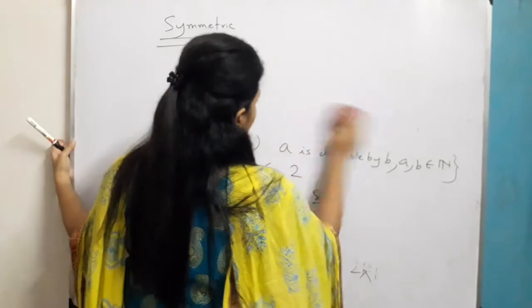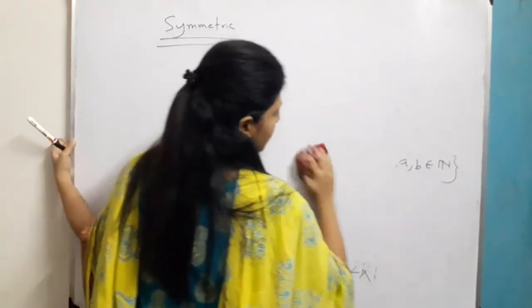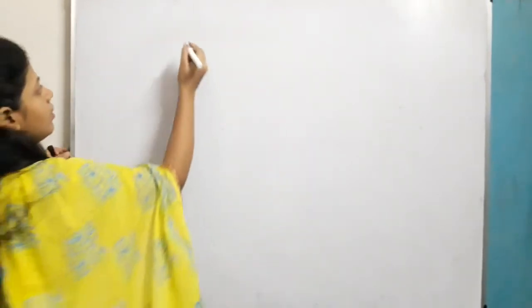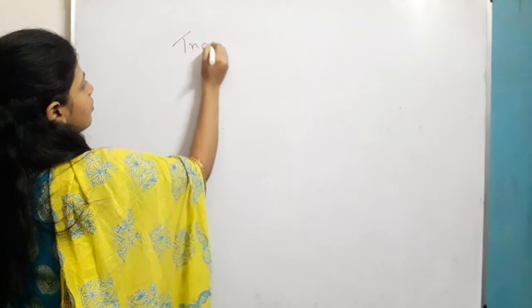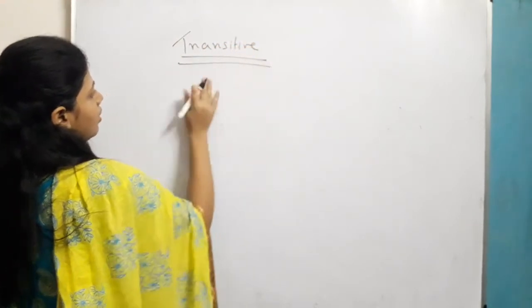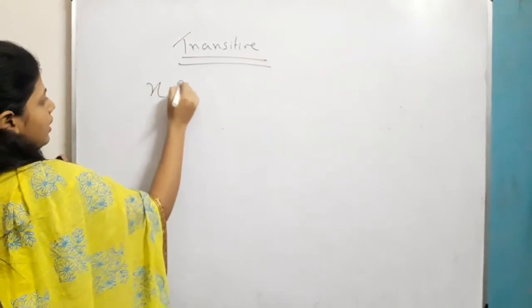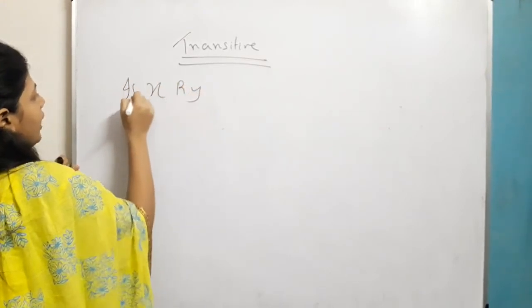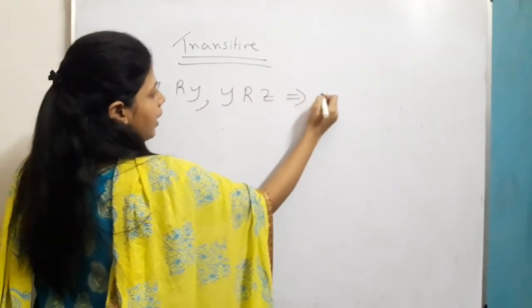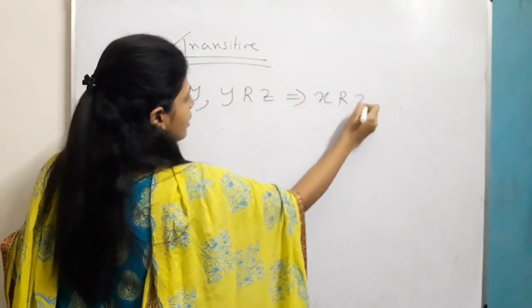Now I think already you got the concept of symmetric relation. Now I will shift to transitive relation. This one means if x R y and y R z implies x R z.